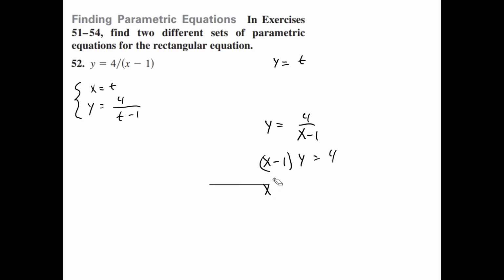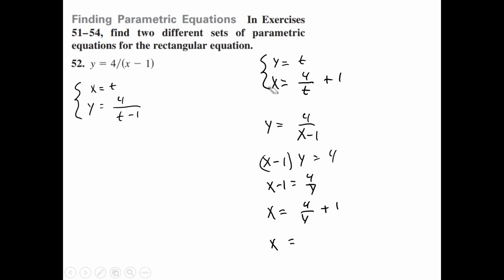So then x minus 1 will equal 4 divided by y. So then x will equal 4 divided by y plus 1. But then we know that y is t. So x is equal to 4 divided by y. I'm sorry, 4 divided by t plus 1. And this is our different set of parametric equations.